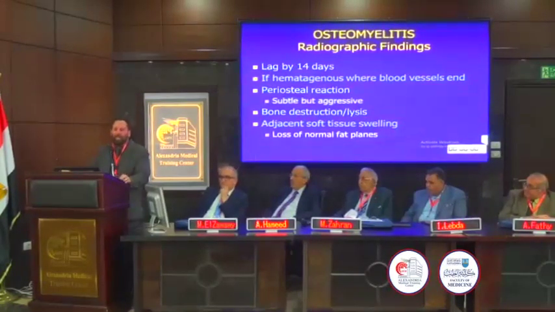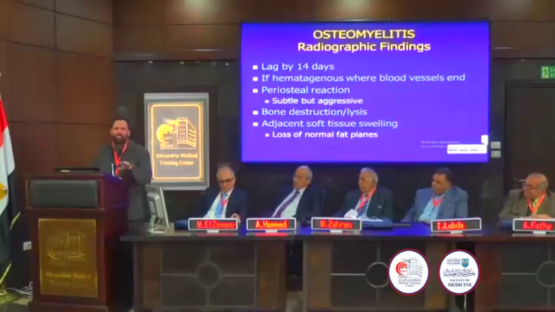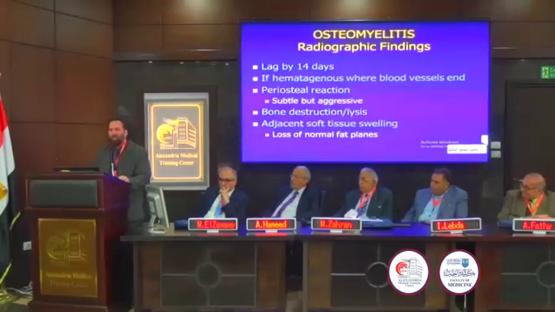So osteomyelitis, I'm going to start out with X-ray. The X-ray changes lag by 14 days. It's typically hematogenous in children, but inoculatory in adults. Children more than adults get periosteal reaction. Most of the time you see bone rarefaction and lysis.